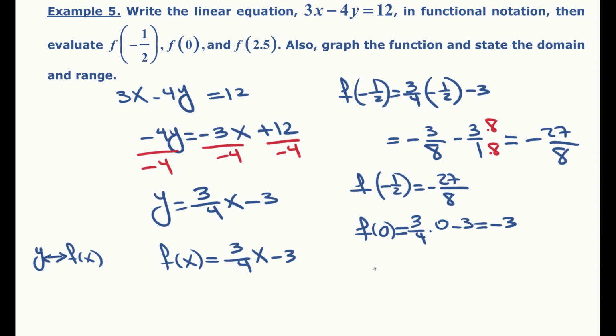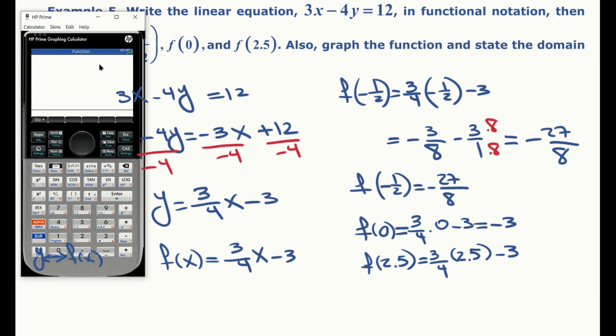And f of 2.5 is going to be 3/4 times 2.5 minus 3. So we can go ahead and utilize the help of our calculator for that.